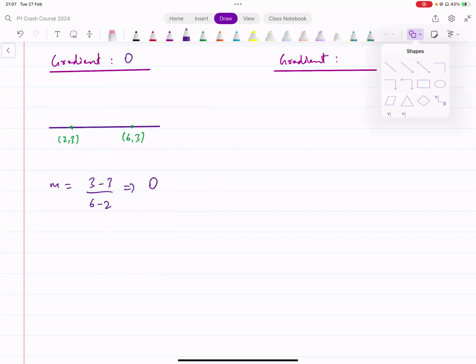What about vertical lines? What's the gradient of vertical lines? Any idea? What's the gradient of vertical lines? Sir, x-intercept is 0. X-intercept is 0? We're talking about gradient, and it's not necessary that every vertical line has an x-intercept of 0.